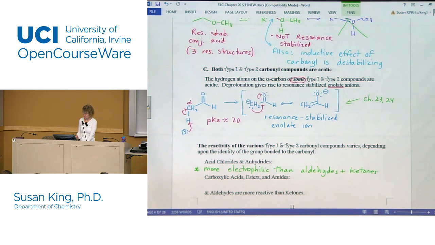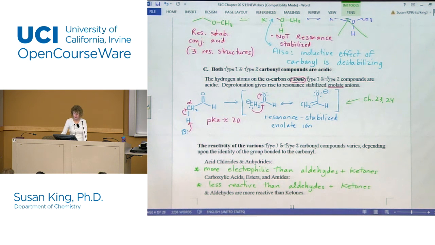And carboxylic acids, esters, and amides are less reactive than aldehydes and ketones. And between ketones and aldehydes, aldehydes are more reactive than ketones.